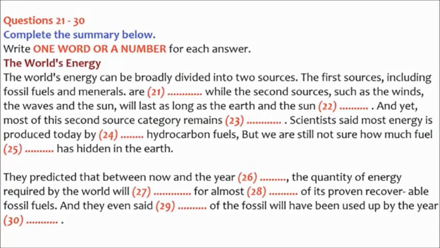The second category, which includes the wind, the waves, the tides, the temperature of the oceans, and the sun, comprises sources that will continue to provide energy in virtually unlimited quantities as long as the Earth and the sun exist. And yet, despite the fact that they are to all intents and purposes inexhaustible, the sources of this second category remain almost untapped.